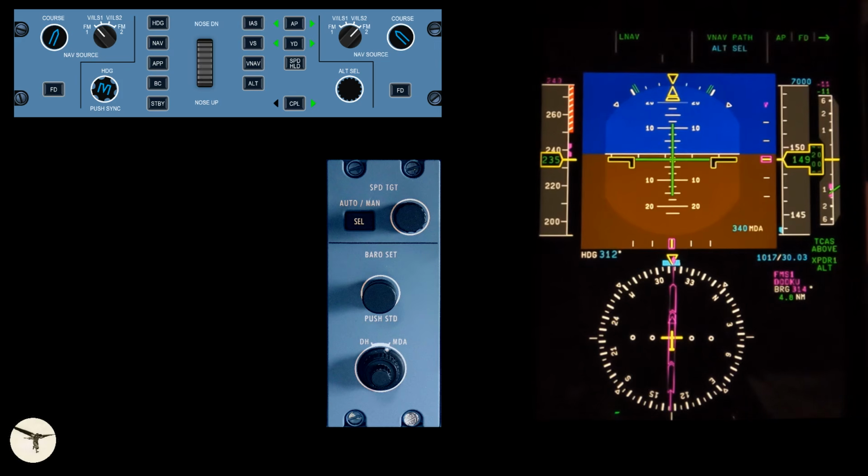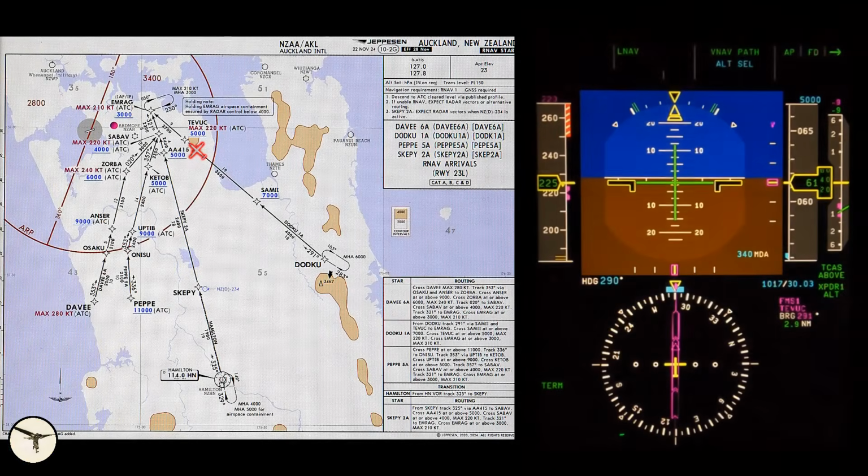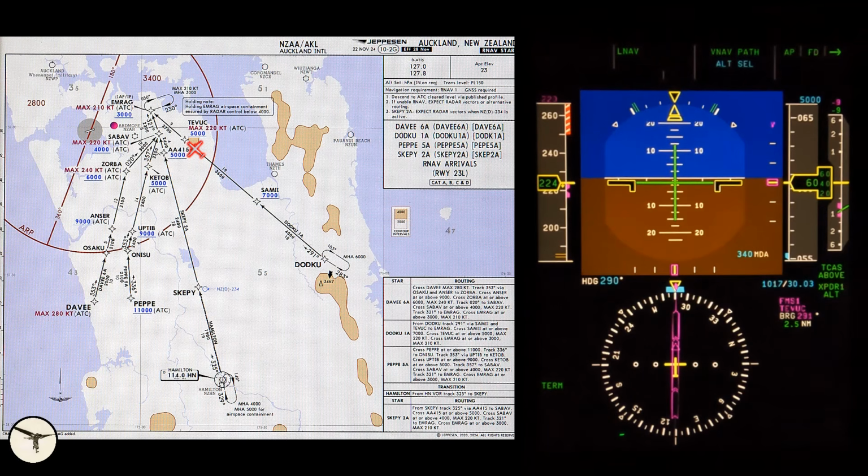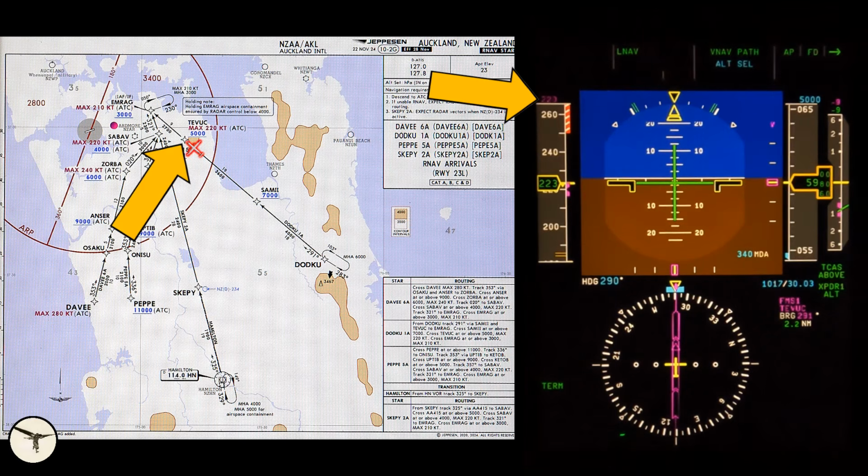They can now perform the approach checklist. We are now at the waypoint and cleared 5,000 feet. We must cross the waypoint at 5,000 feet or above with maximum 220 knots.